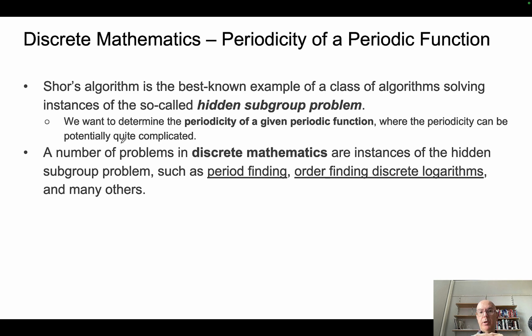A number of problems in discrete mathematics are actually instances of the hidden subgroup problem, such as period finding, which we will tackle with quantum computing, order finding, discrete logarithms, and many others.